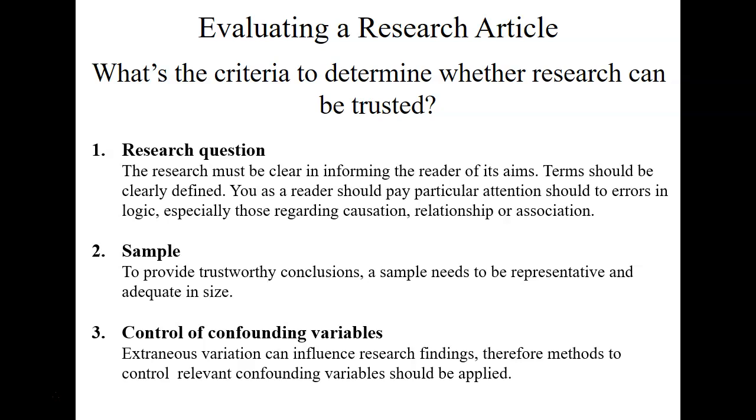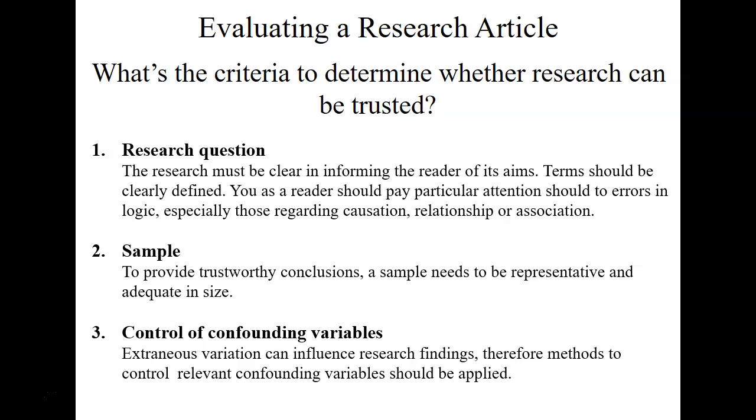For example, if I'm interested in examining the impact of a new approach to teaching math on student achievement, am I making sure that the students are distributed equally amongst the different classes I'm looking at in terms of ability, in terms of ethnicity, in terms of males and females, in terms of socioeconomic background? Because I want to make sure that we don't have any other factors potentially impacting it.